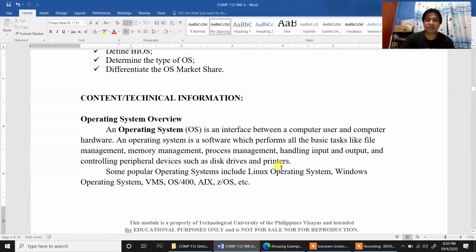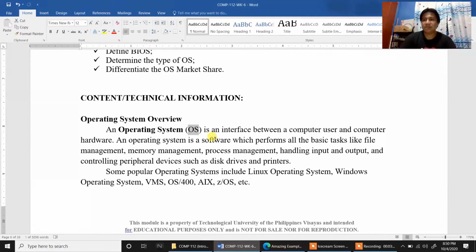First, the definition. It is an important thing. We need to define what an operating system is. In computer terms, we call it OS, so that it will be very familiar to you. An operating system is an interface between the computer user and computer hardware, a very basic meaning. Without the operating system, the interface between the user and the hardware is very difficult.